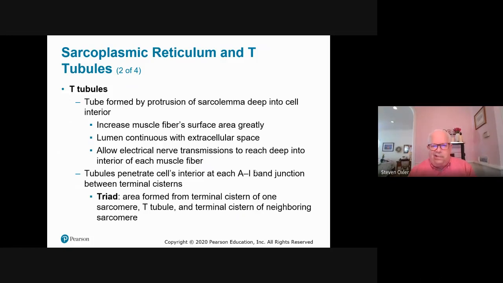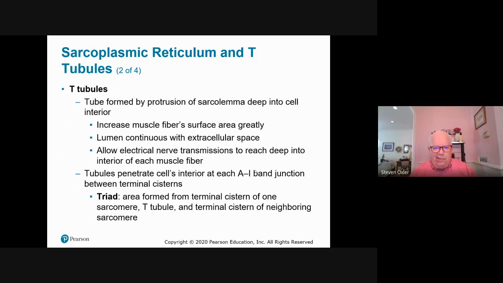Inside of the muscle cell, there is an extra organelle. This extra organelle is known as the T tubules. It is a tube formed by the protrusion of the muscle membrane, the sarcolemma, deep inside the cell.